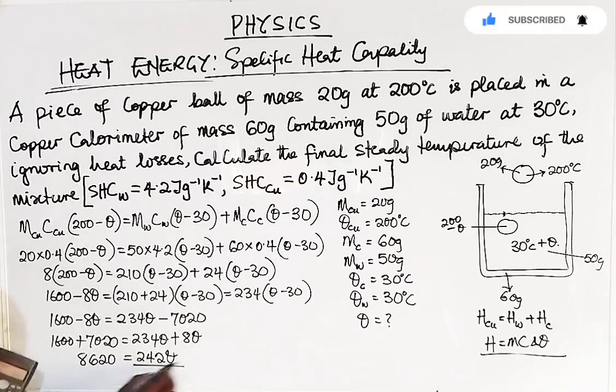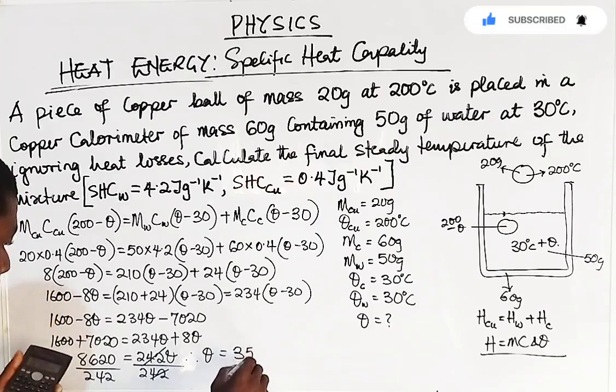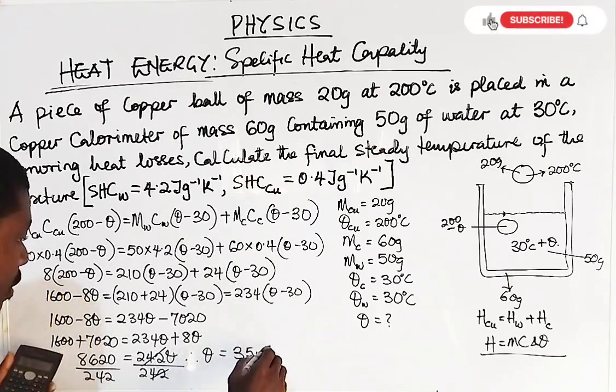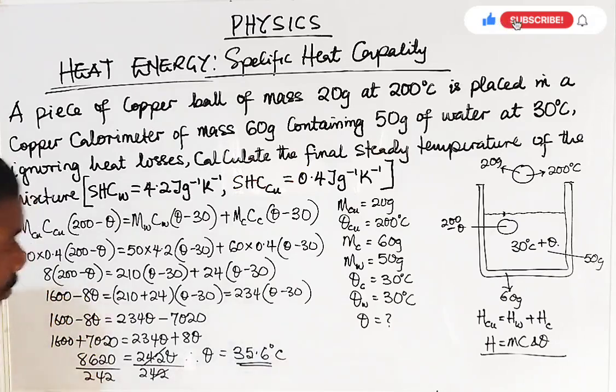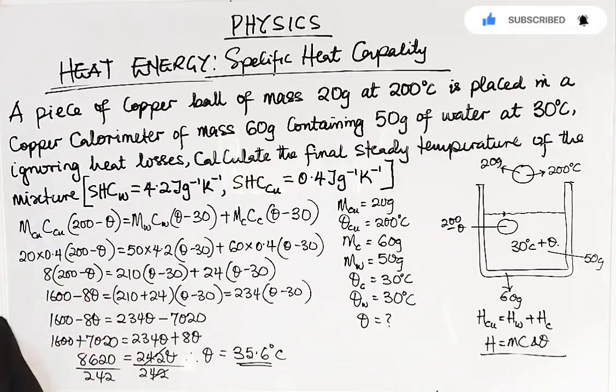Dividing both sides by the coefficient of theta, which is 242, our theta will be 35.6, approximately 35.6 degrees centigrade. This is the final steady temperature of the mixture.